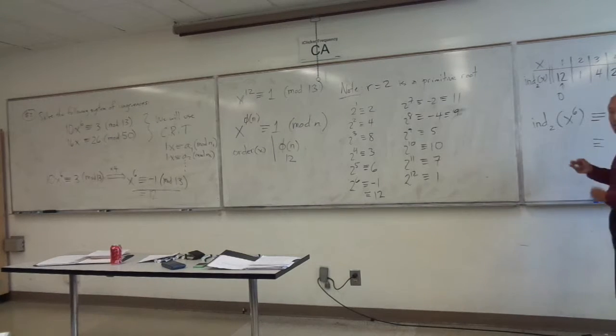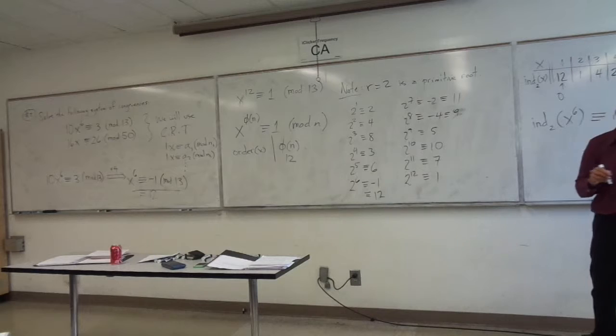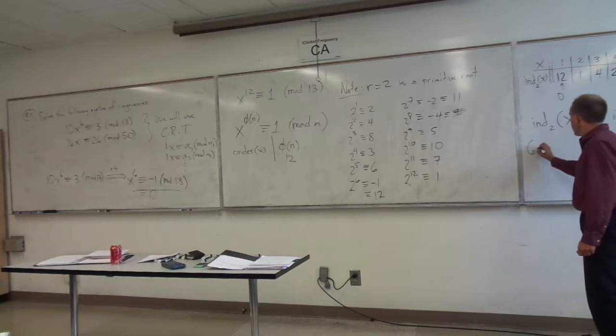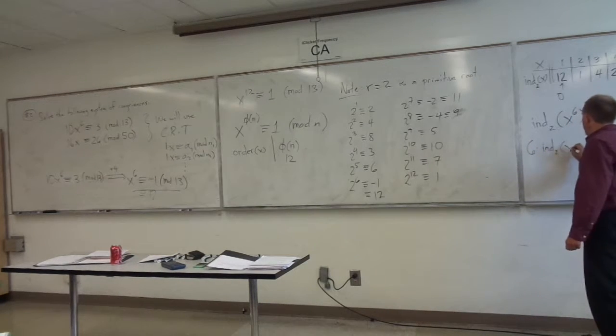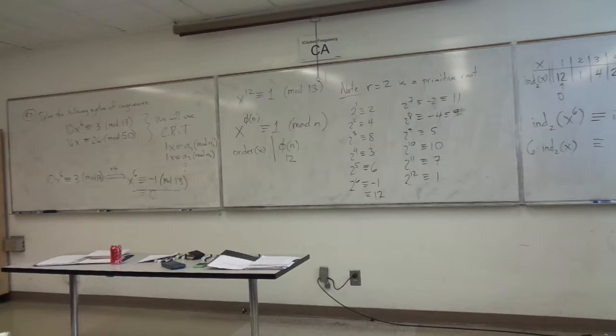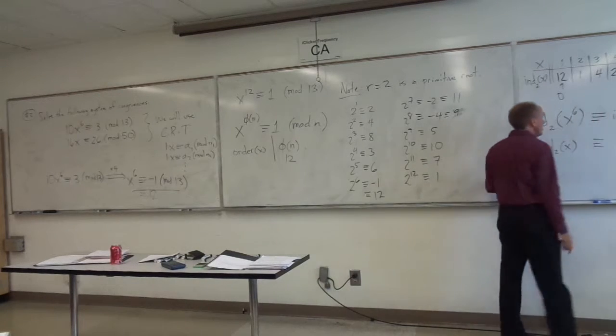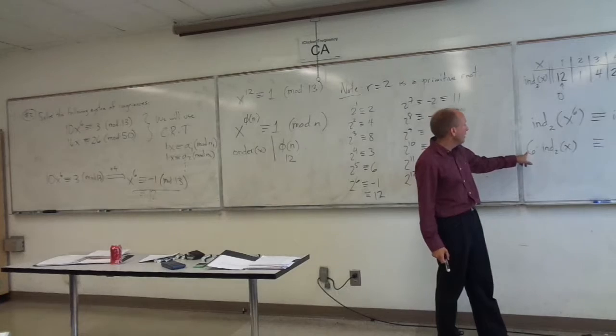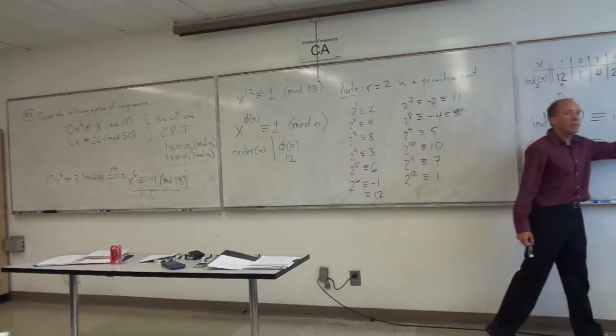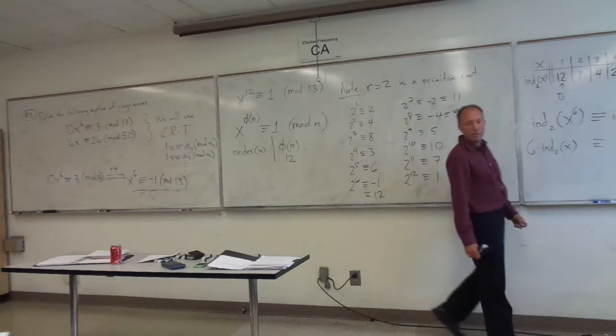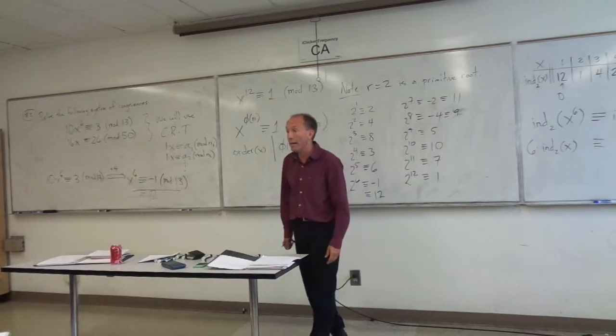And on the left side, we have our properties that are just like logarithm properties, which means I can pull the 6 down in front, and the index of x with respect to the primitive root of 2 is what I have there. Okay, so this is the equation I come up with. Does that equation have a solution? Well, it's a linear congruence. Basically, there's a common factor of 6 throughout the entire congruence, so you can essentially divide that out.